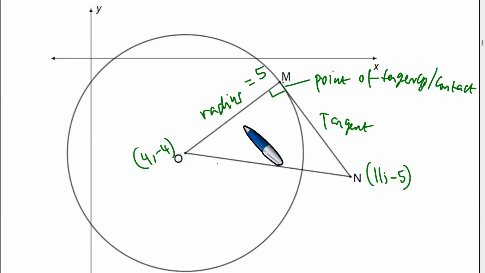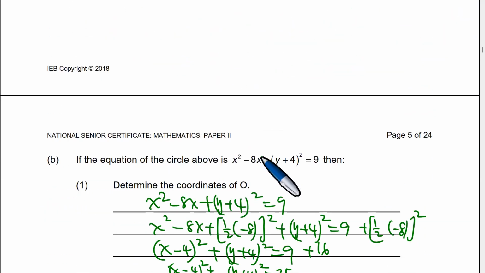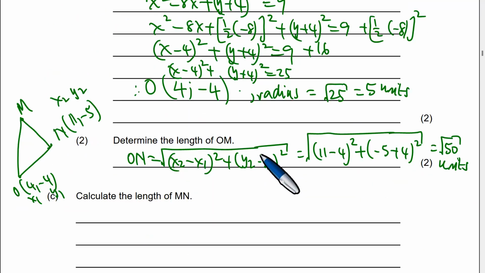This angle is 90 degrees, so we can use Pythagoras theorem in this right angled triangle. So we continue. We know that this angle M is 90 degrees, because the tangent is perpendicular to the radius, and we know the radius of the circle is 5 units.